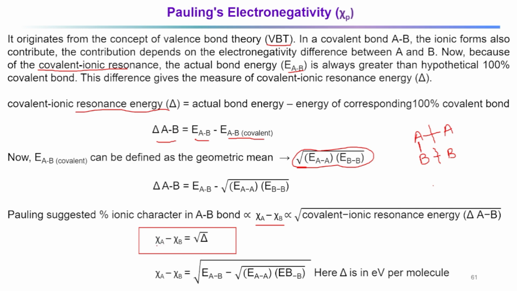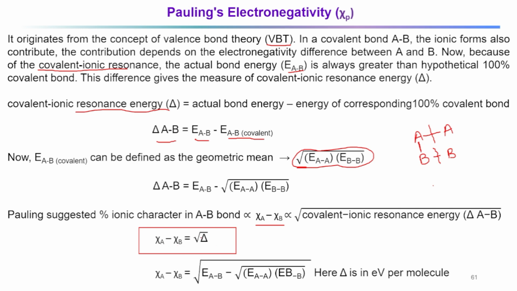So electronegativity of atom A minus electronegativity of atom B is actually square root of delta AB. That means if we take the square root of this covalent ionic resonance energy, we get the electronegativity difference between those two atoms. Now this chi A minus chi B, whichever is greater, you can take that. If electronegativity of B is greater, you can take chi B minus chi A.